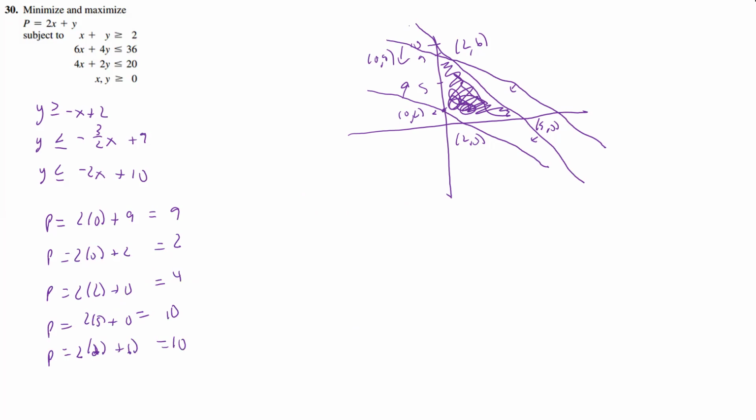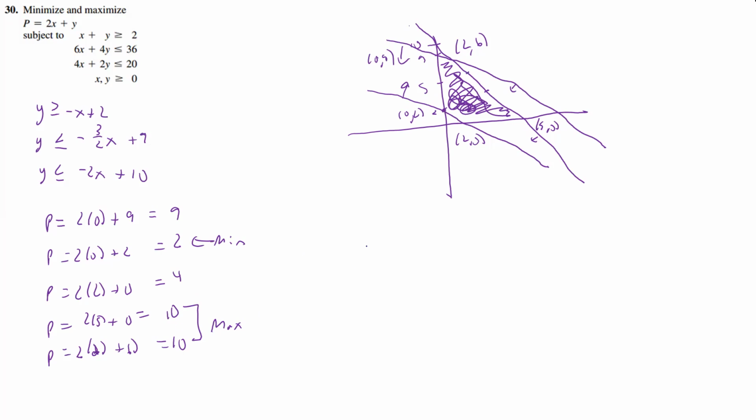So we were supposed to minimize and maximize. Well, the smallest one is that, and we have a tie for the max. And so all the points between here and here, anything we chose along there is going to give us a max. So if we chose this point here or that point here, they would actually all give us a 10.